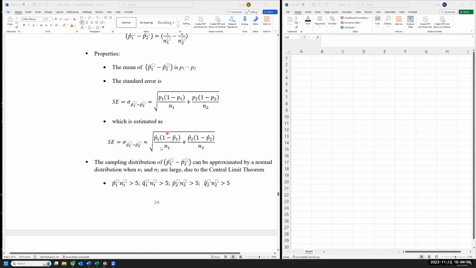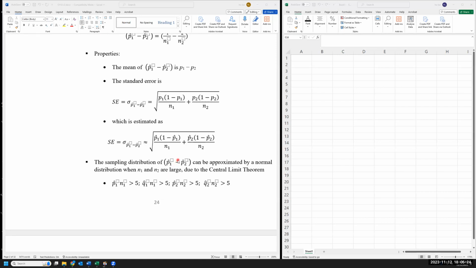And the sampling distribution of the difference in the sample proportions is distributed normally if N1 and N2 are large, due to the central limit theorem. Same thing as everything else we talked about in this chapter. We need large samples.